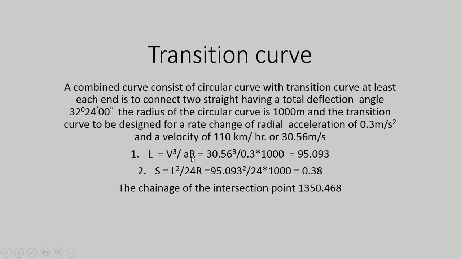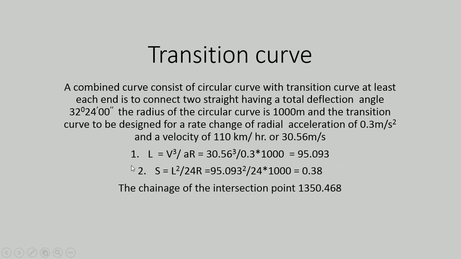The horizontal curve radius is 1000 meters, 0.3 is the acceleration, and the velocity is 30.56 meters per second, equal to 95.093 meters as length. And the shifting of the transition curve from the tangent point is L squared over 24R, that means the length of the transition curve and the radius of the horizontal curve. That gives you 0.38 meter.